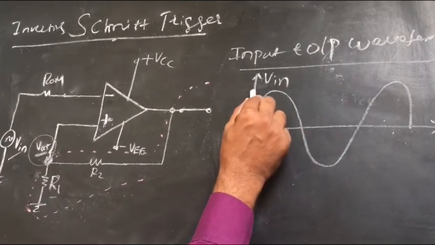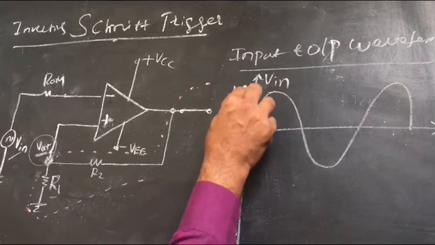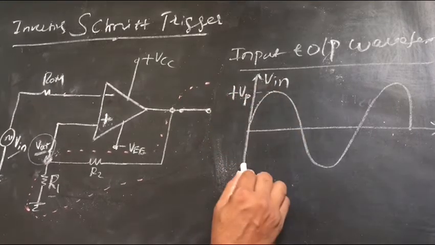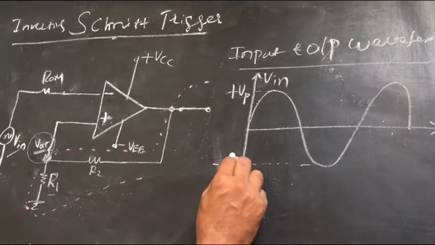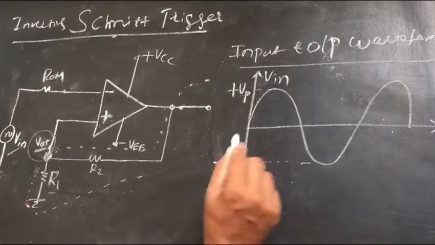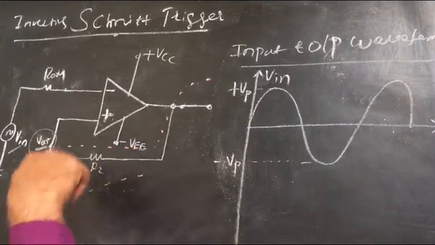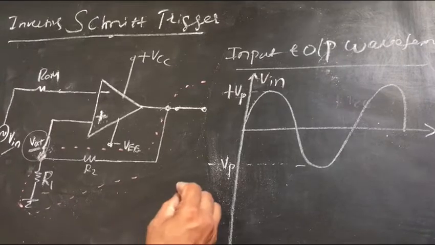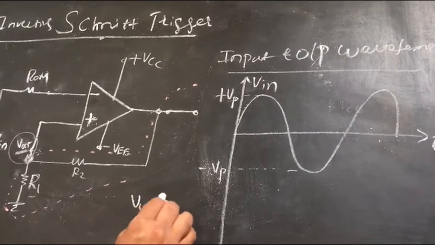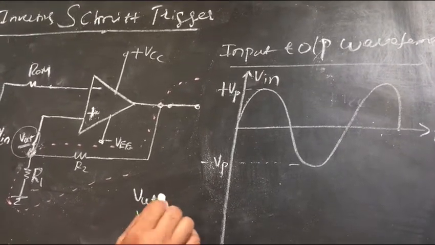In any sinusoidal signal, we have plus Vp, that is the plus peak point, and minus Vp, that is the minus peak point. In a Schmitt trigger, we know that there are two reference voltages. One is VUT, the upper threshold voltage, and another is the lower threshold voltage, VLT.